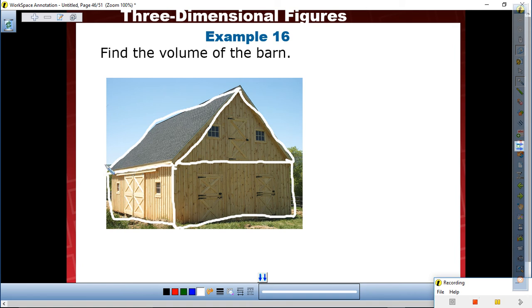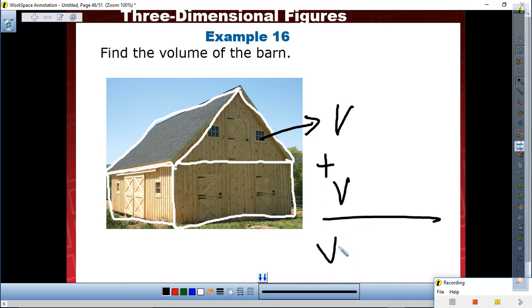Which means to find the volume of the barn, we need to first find the volume of the triangular prism, add the volume of the rectangular prism, and that's how you get your total volume. It's like a two-step, exactly. So you're adding as you go along. Everybody understand? Yes. All right.